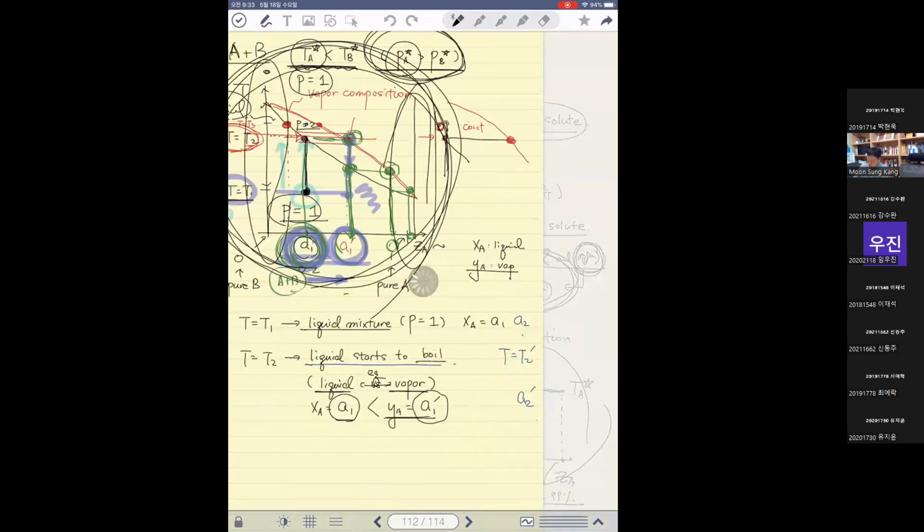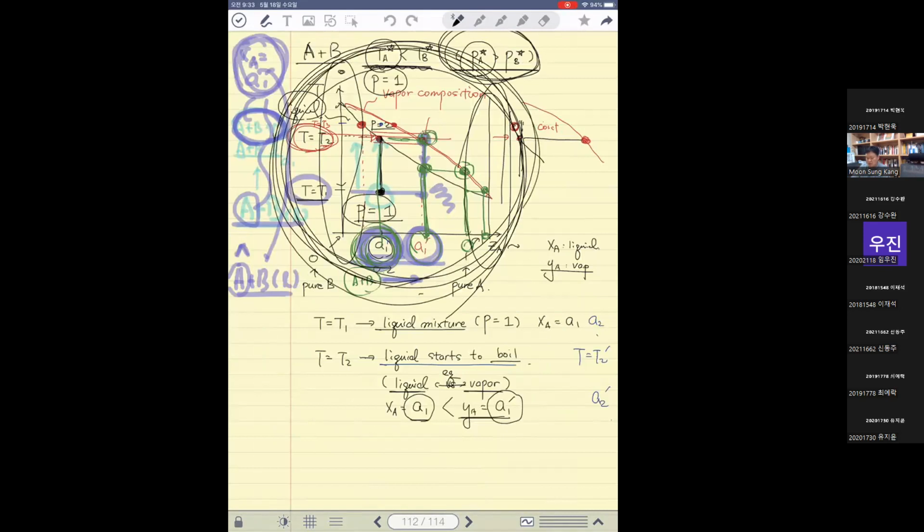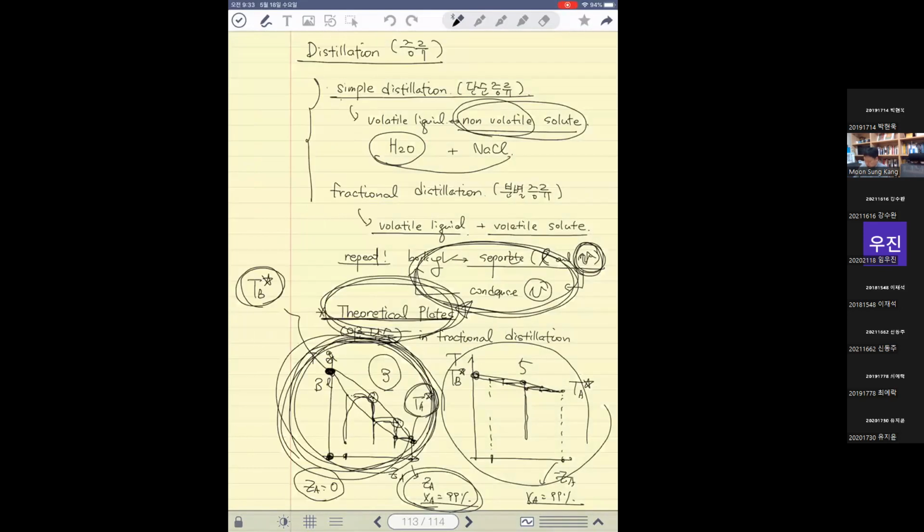So we've been talking about a relatively simple phase diagram, but there are some phase diagrams that look like this. So it's a temperature versus composition plot.